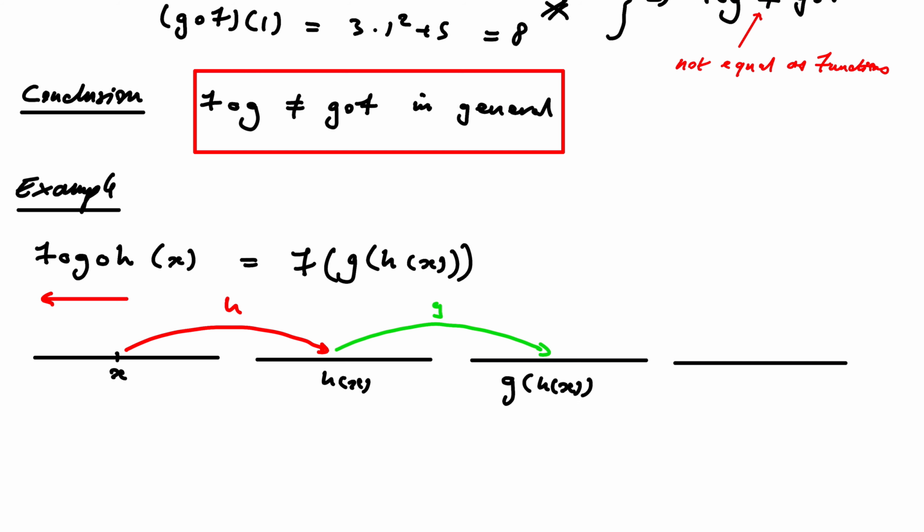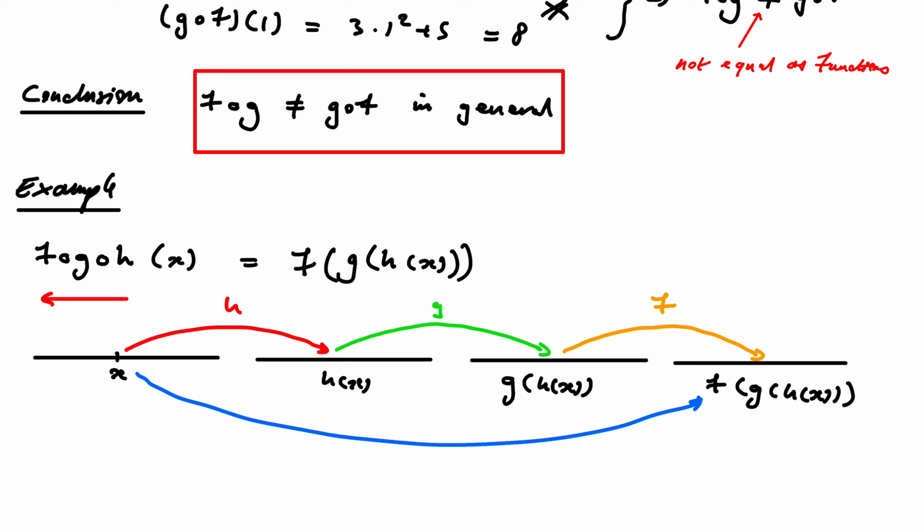So input and output switching. And then finally, you would feed this into f. So f with g with h. So it's this kind of nested, oh my goodness, collection of things. That entire thing from beginning to end, that is the composite of these three. So all the way down here, that is what f composed with g composed with h is. So that's the basic idea behind composition of functions.